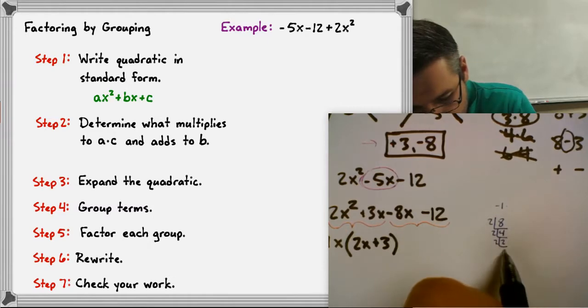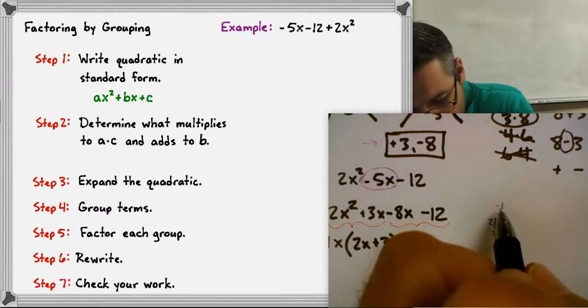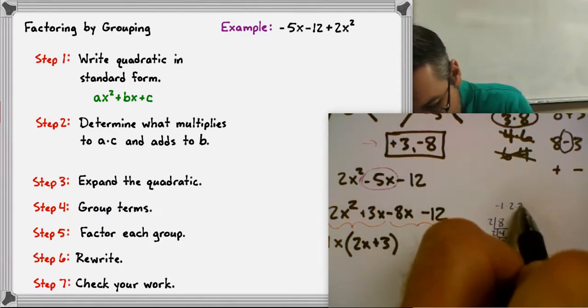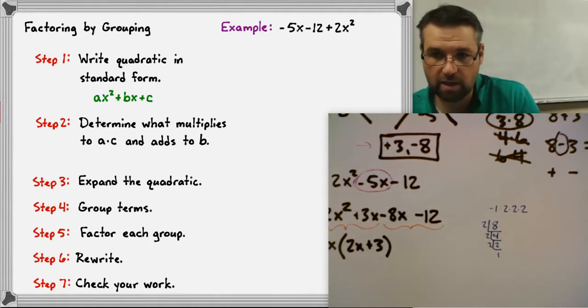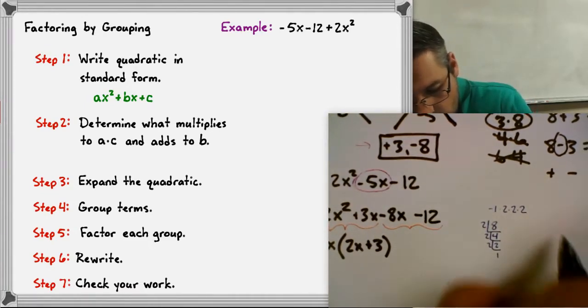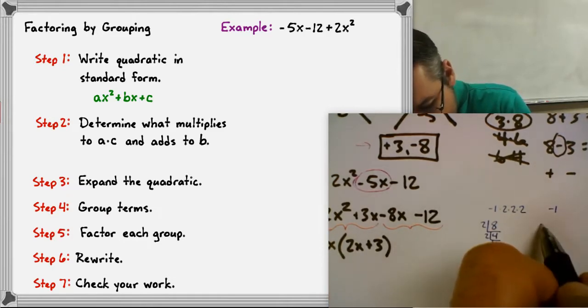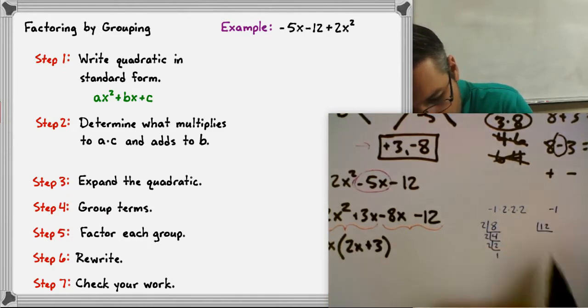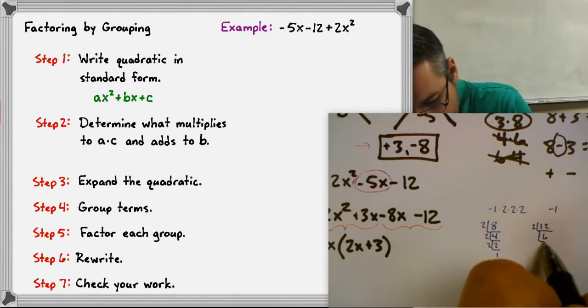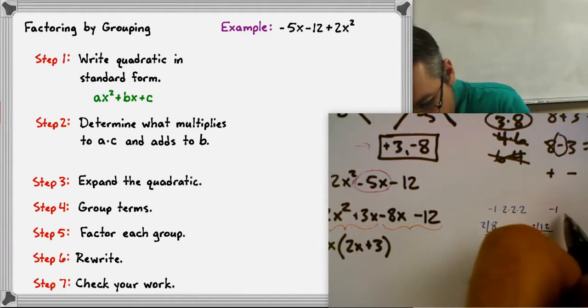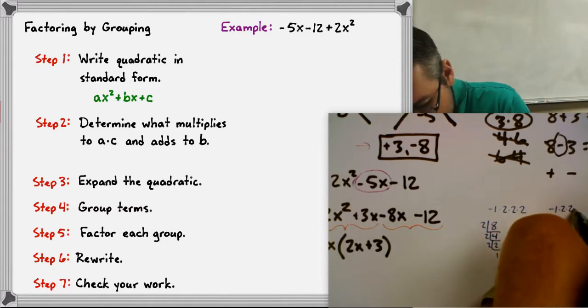And 2 divided by 2 is 1. So my factors of 8 are negative 1, 2, 2, and 2. For negative 12, we know one of the factors is negative 1 because it's a negative, and we'll do the cake method. Divided by 2 is 6, divided by 2 is 3, and then divided by 3 is 1. So my factors here are 2, 2, and 3.